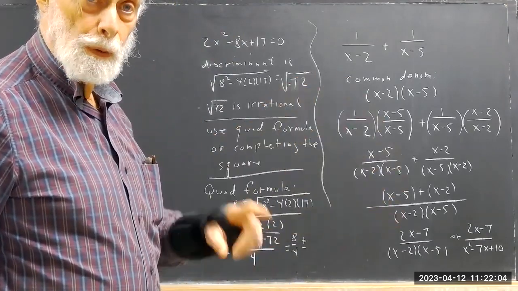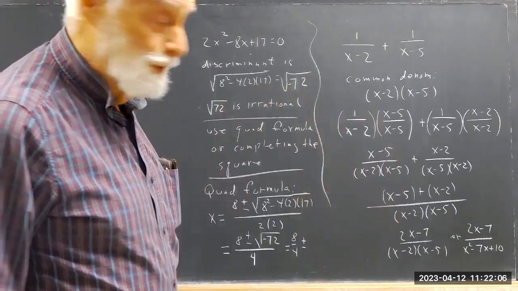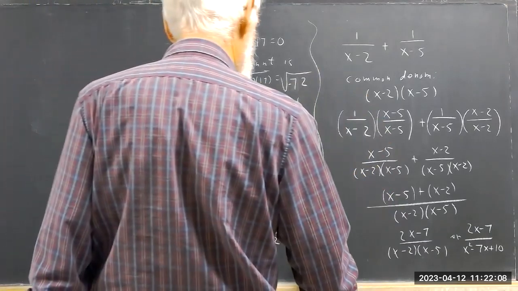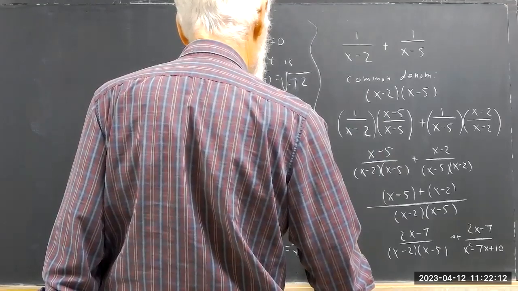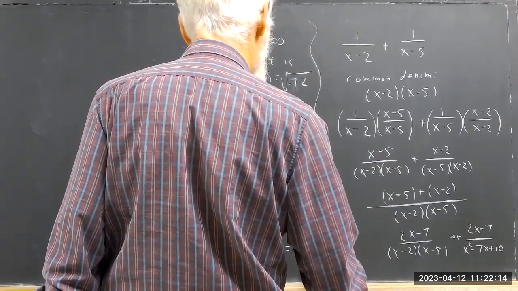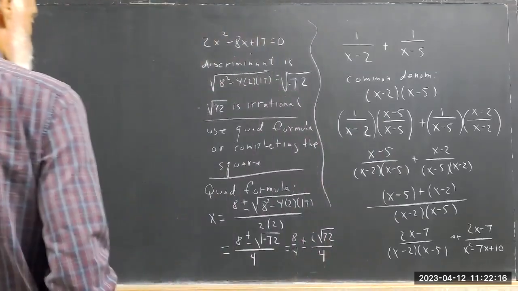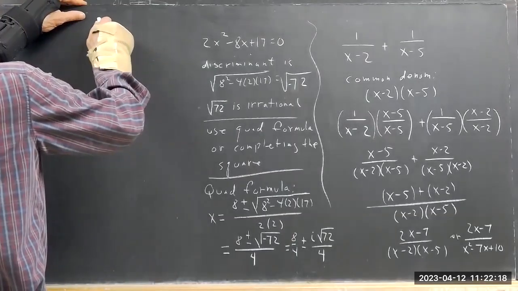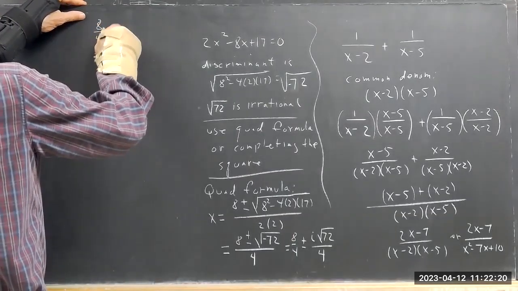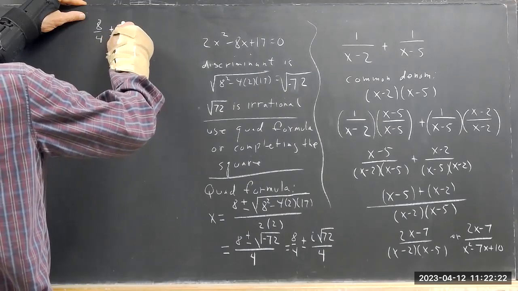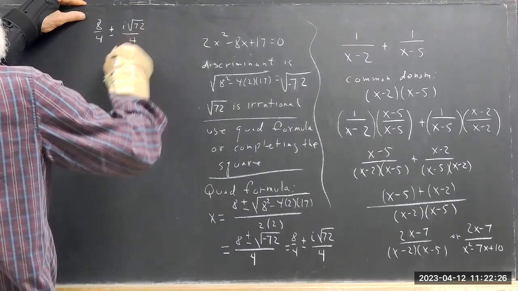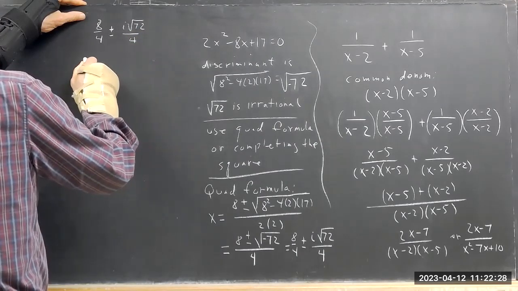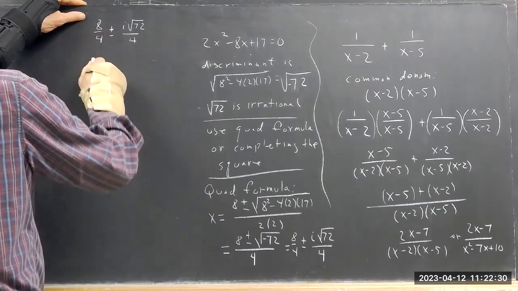The square root of negative 1 is i. Square root of 72 is the square root of 72. Okay, so 8 over 4 is 2.